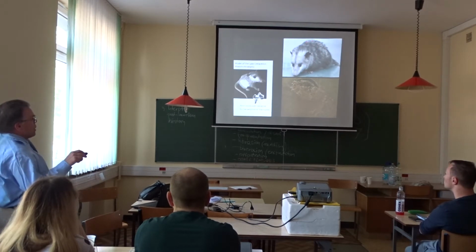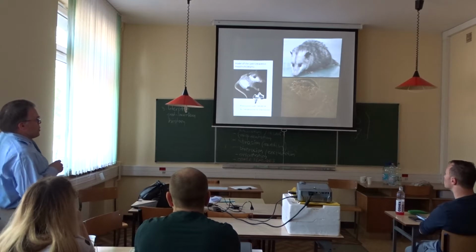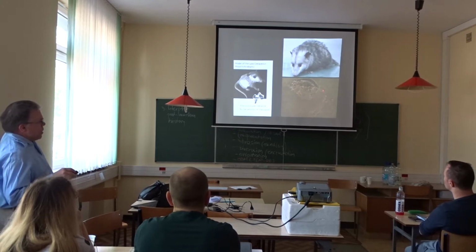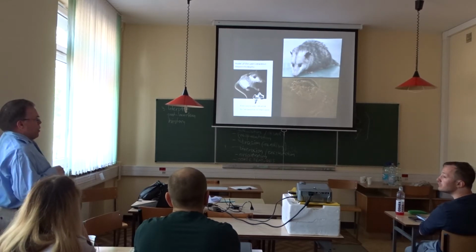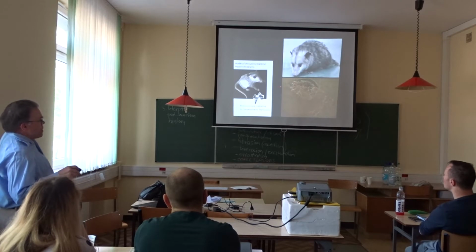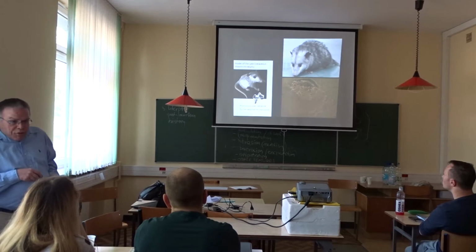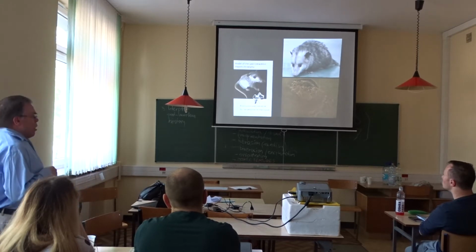The ancestors of the mammals, the placentals and the marsupials, look more or less like this. Unfortunately, it's a little bit too bright here in this room, but this is a very nice fossil of an opossum-like animal from the famous quarry of Messel in Germany, from the Eocene. And this is an opossum-like animal from the Cretaceous of Maastricht. It's based on this tooth. That is typical for a marsupial opossum-like animal.